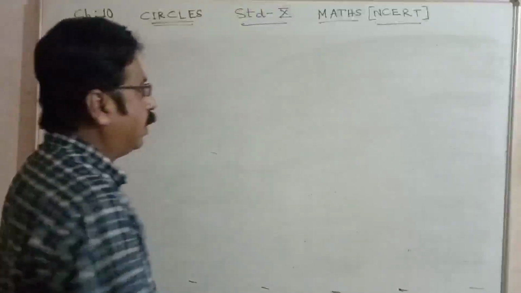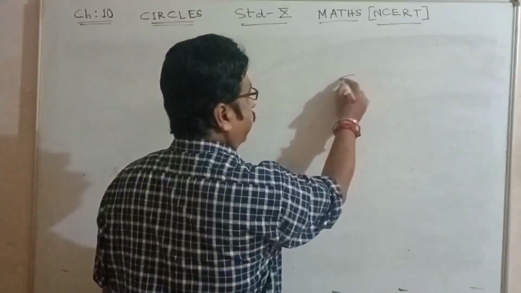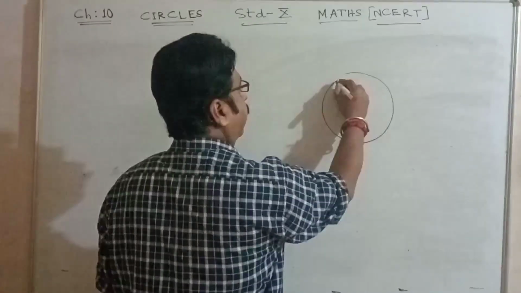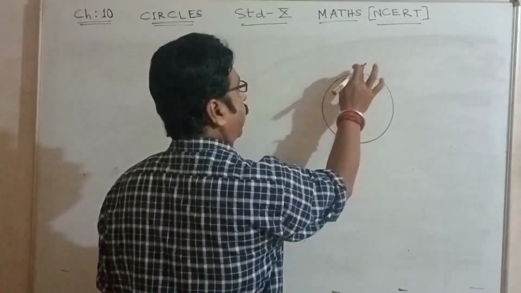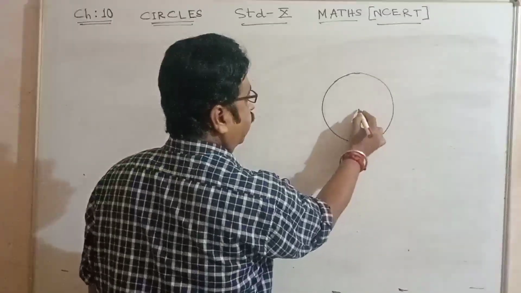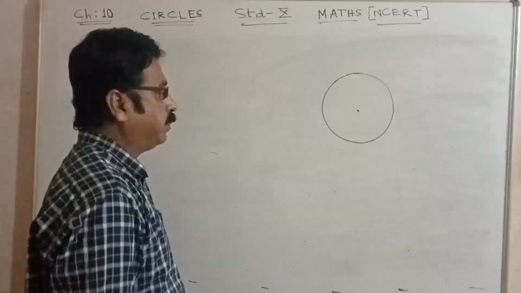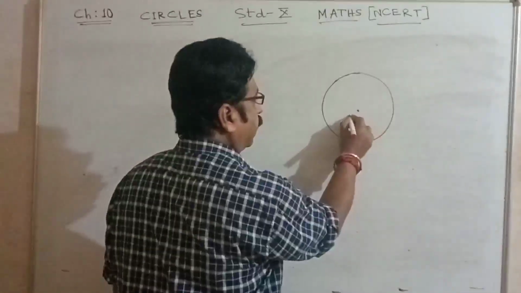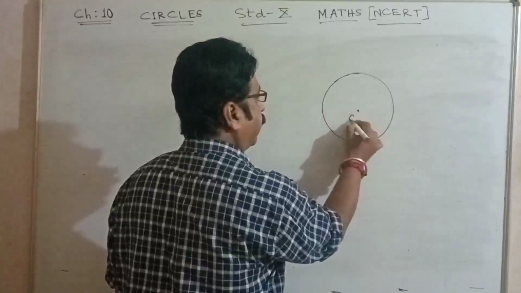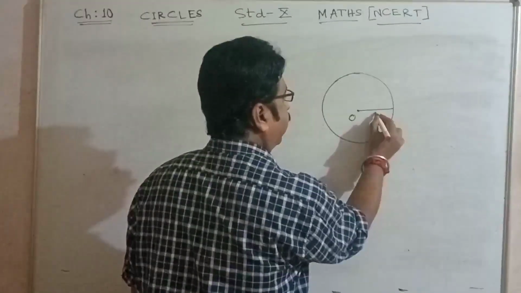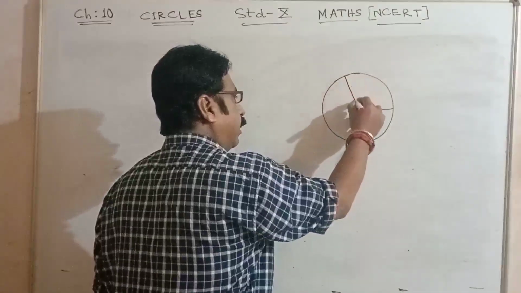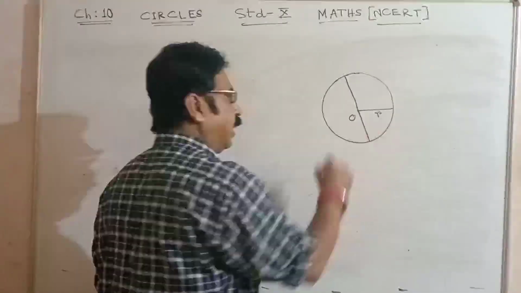Let us recap once again. Suppose this is a circle, and this point is the center. We can name it as O. This is the radius of the circle. This is the diameter of the circle.